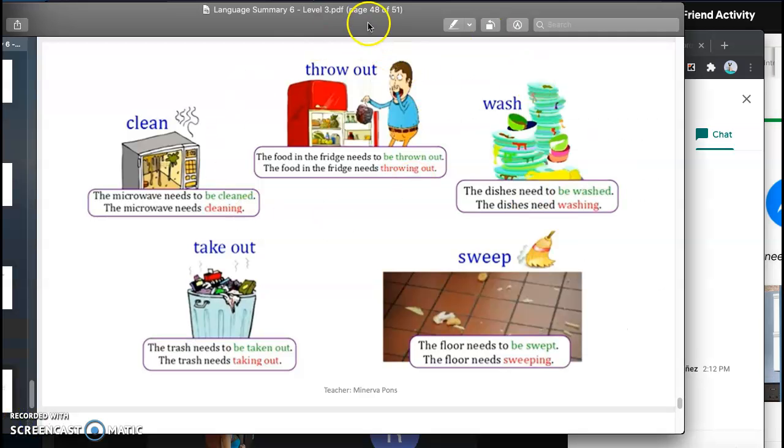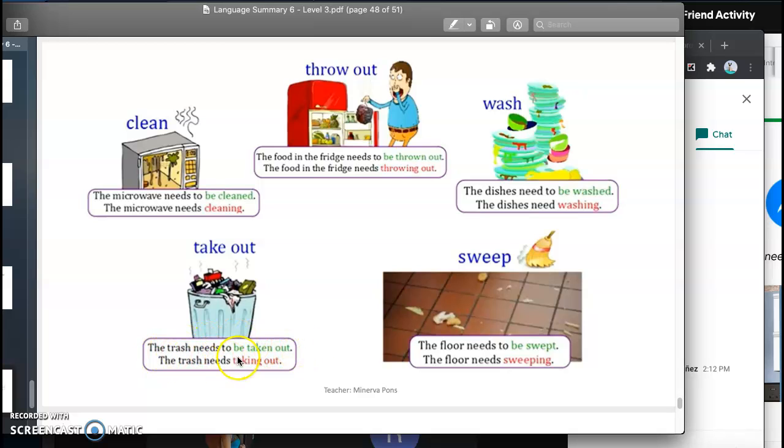So here we are showing some examples again of the passive voice and the gerund. So we can say the microwave needs to be cleaned, or the microwave needs cleaning. The food in the fridge needs to be thrown out, or the food in the fridge needs throwing out. The trash needs to be taken out.